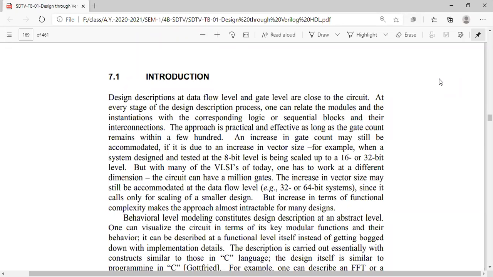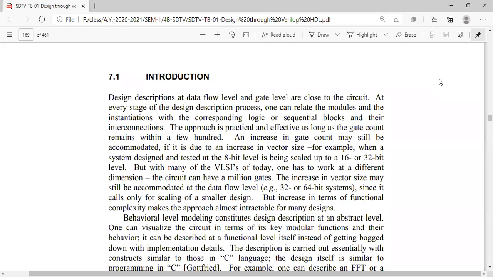If the number of gates increases, we can still accommodate. This is generally due to an increase in the vector size. What is this vector? Vector size means the number of inputs got increased. If the inputs got increased, we call it an increase in the vector size.